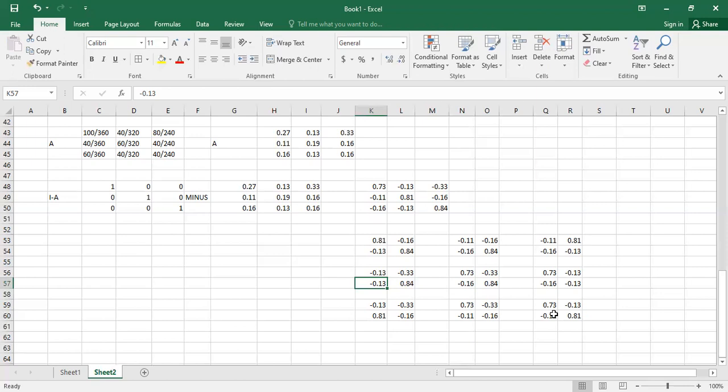Give me the first one. 0.81 multiplied by 0.84 minus, in bracket, negative 0.13 multiplied by negative 0.16. What will I get? What do we get?